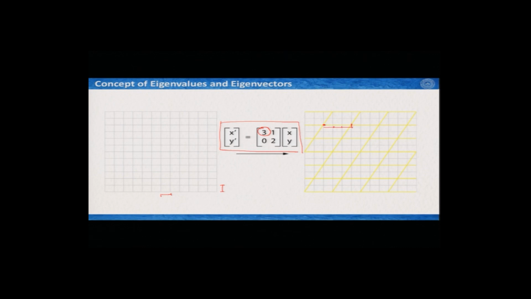For the y, this point has moved to here, and this is applicable anywhere. For the y direction it has moved 1 unit along the x direction and 2 units along the y direction. So, this point has moved here and here as well. You can take any point of this square grid and you would see this feature.